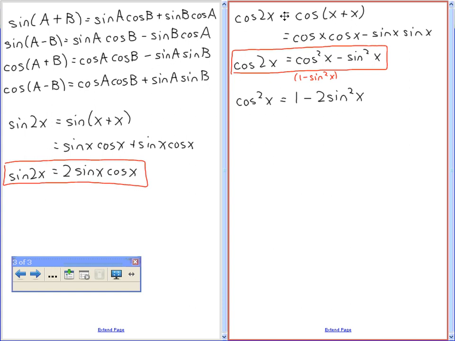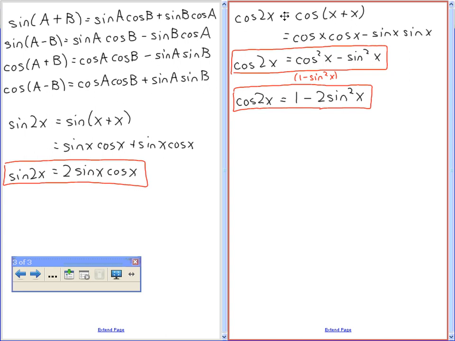What's another way I can represent cos 2x, not cos squared x? These are the sorts of things you'll need later for derivatives.